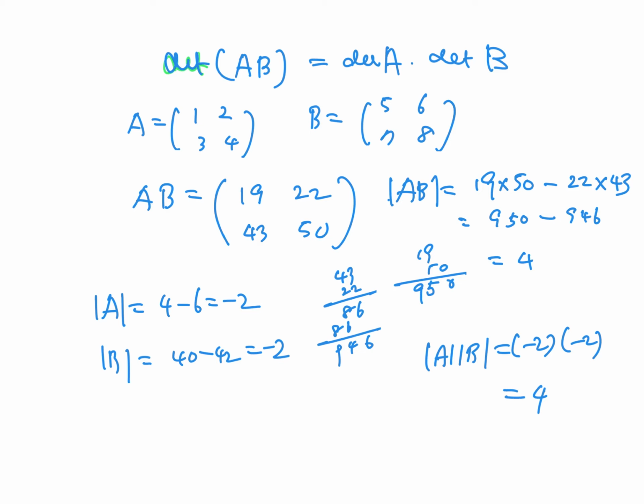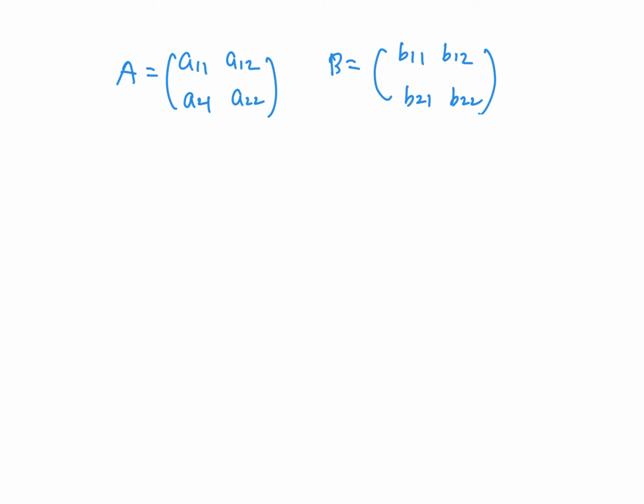But that can be for particular cases. So what we need to do is to actually calculate when A is A11, A12, A21, A22, B is B11, B12, B21, B22. Determinant A is A11, A22 minus A12, A21, right?